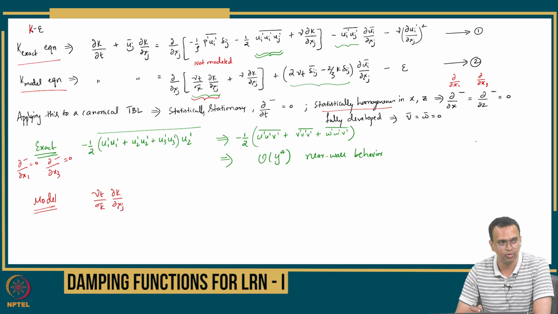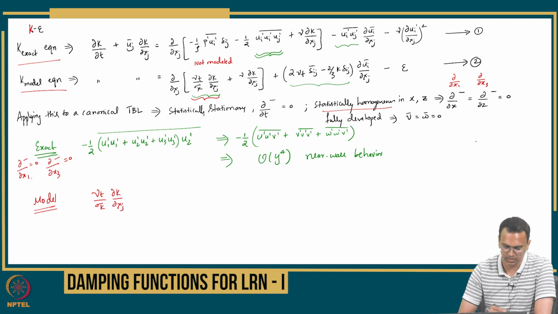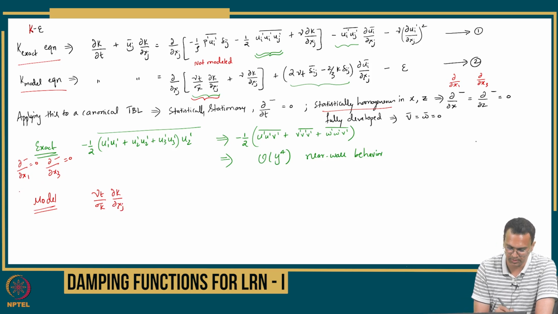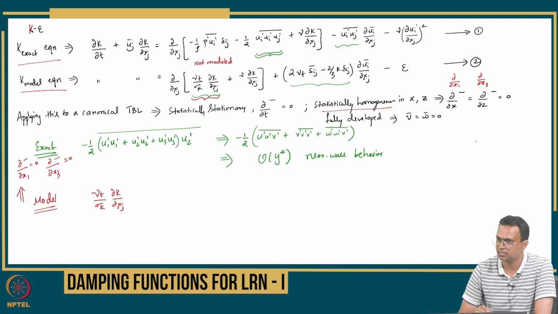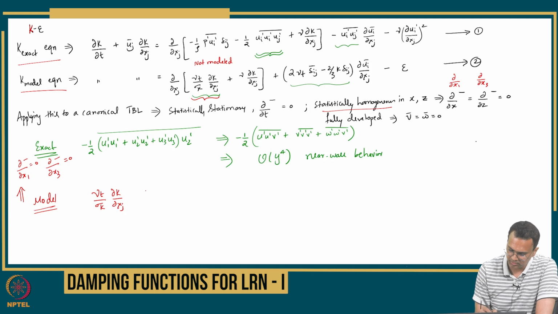Again same thing, dou by dou x1, dou by dou x3 will be 0. Same argument as above here, right? The same thing. So, only dou by dou x2 survives, j has to be 2, right? So, therefore, this reduces to essentially nu_t by sigma_k dou k by dou x2.